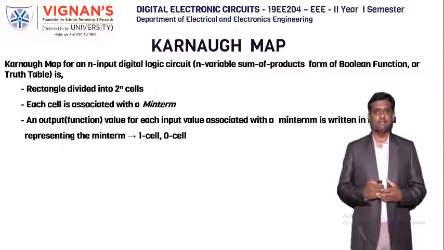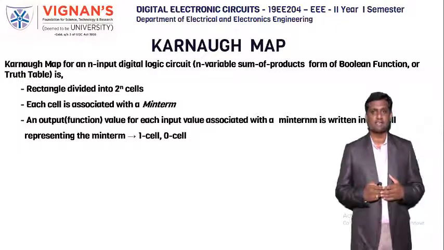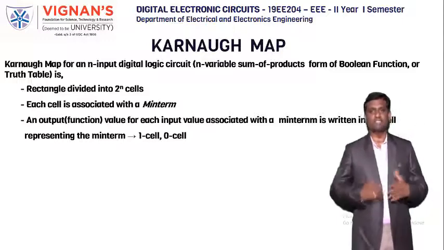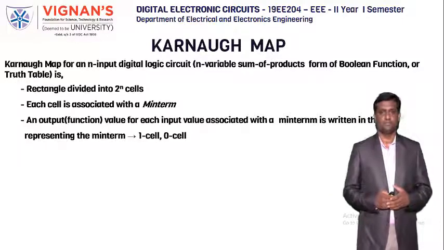If the simplification of the Boolean function is in the form of SOP, we will use 1. If we are going to use max terms for the simplification of the Boolean function, we will use 0.